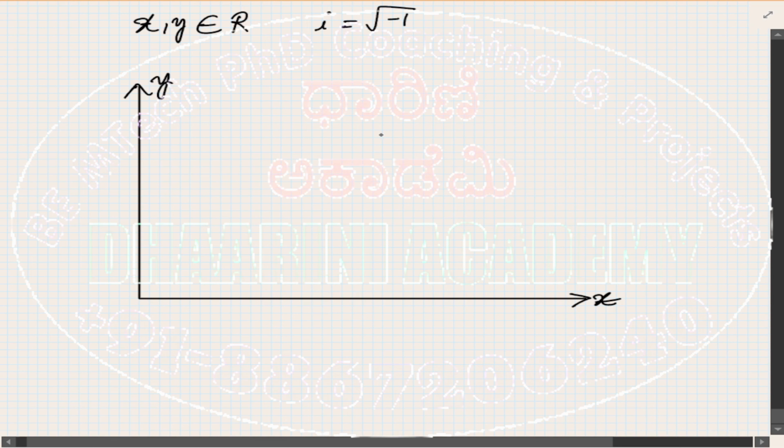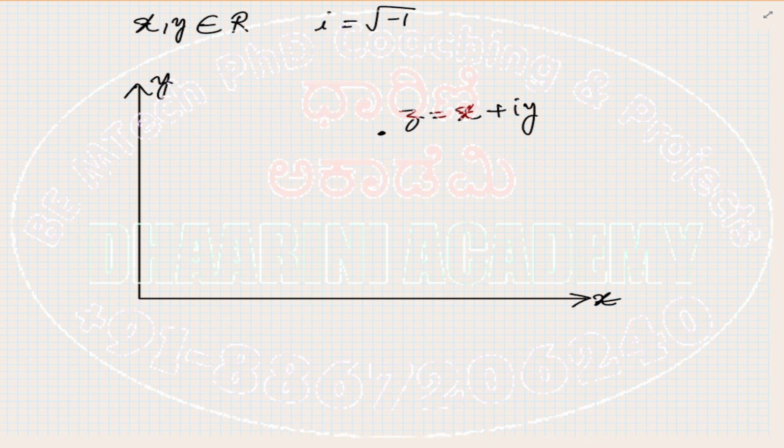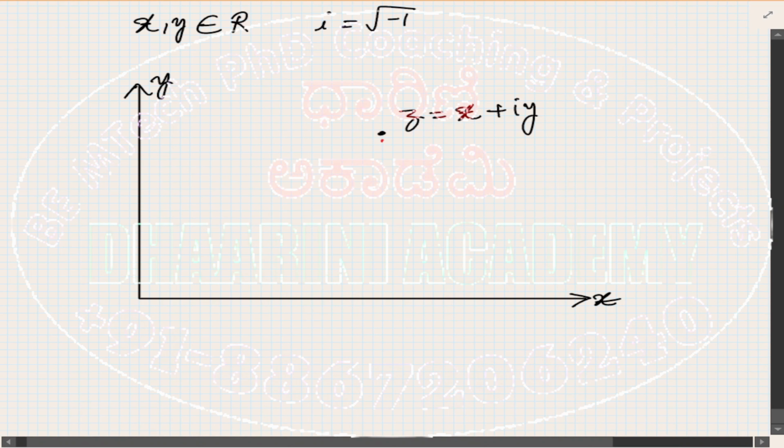If I write a point over here, we call this z is equal to x plus i times y. This always indicates that I am moving a distance x along the x-axis and a distance, say, y along the y-axis.